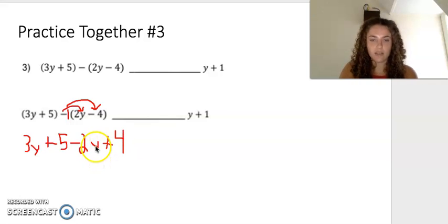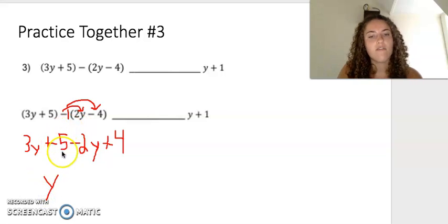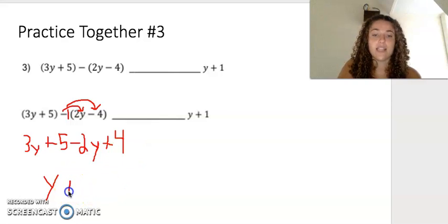So when we combine our like terms, we have 3y minus 2y, so that's going to equal just y. And then we have 5 plus 4. So that's actually going to equal 9 and not 1.